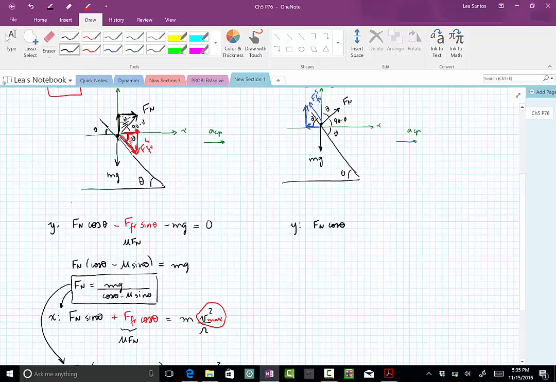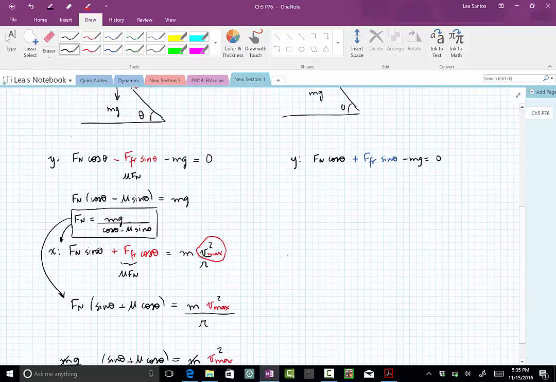That the y component of the friction is opposite, so it's going to be a sine, just as it was before, but it's pointing up. So that's the only difference in this story. I will have now a plus friction force sine of theta. And mg is still the same, minus mg equals to 0.